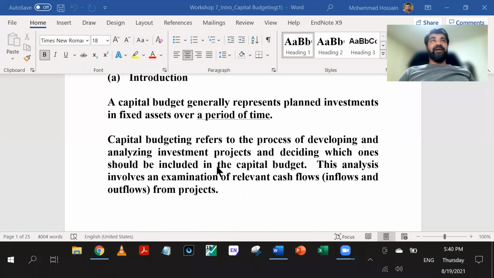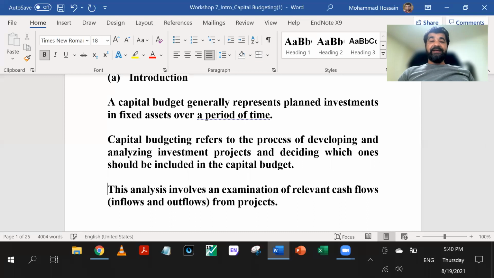According to the definition we have here, capital budgeting refers to the process of developing and analyzing investment projects and deciding which ones should be included in the capital budget. So what do they mean here? First, it's a process.